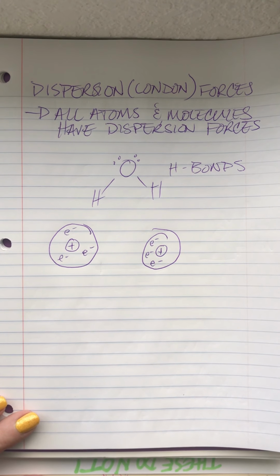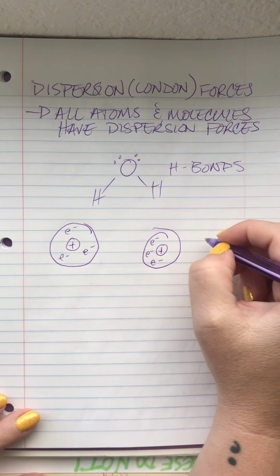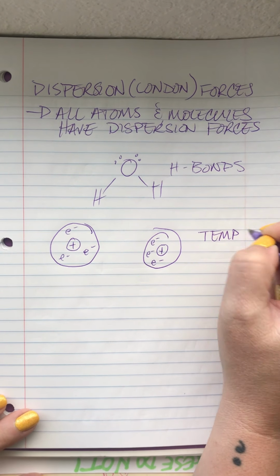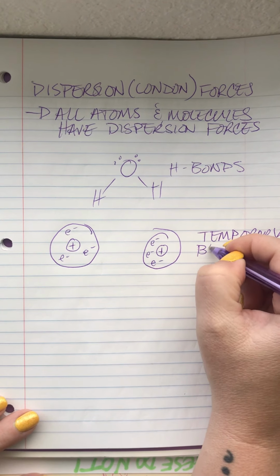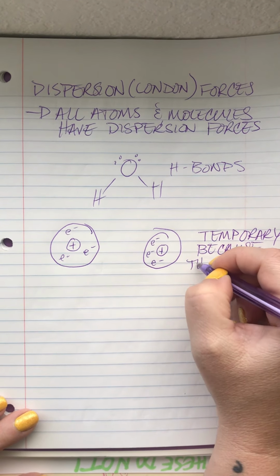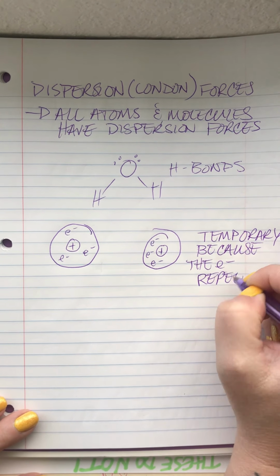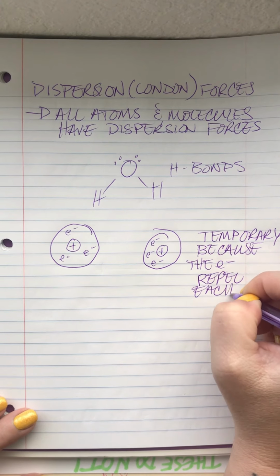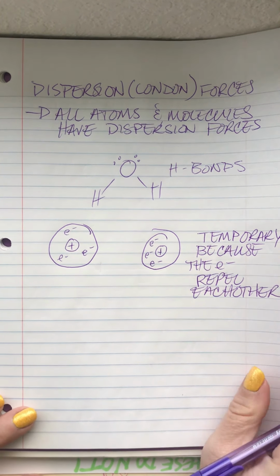You guys picking up what I'm laying down? So this would be temporary, right? Because the electrons repel each other. But it can occur, right?